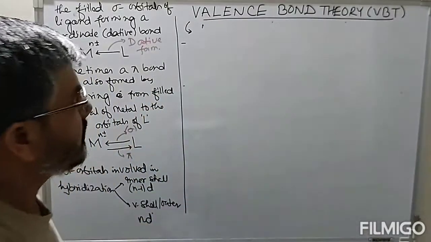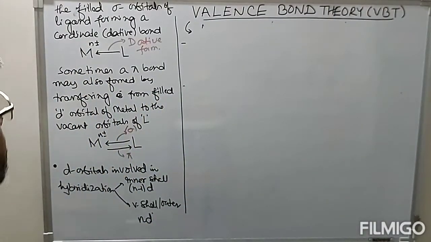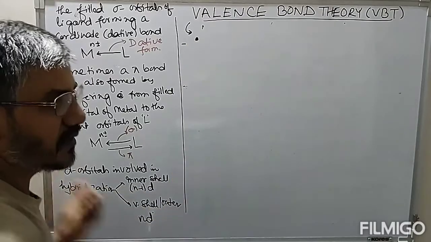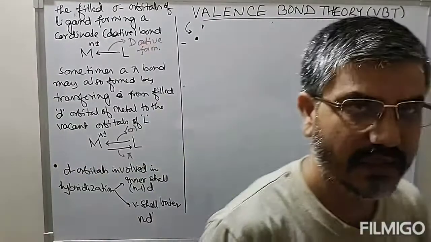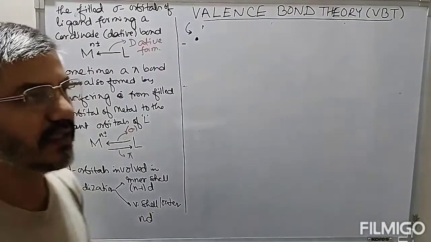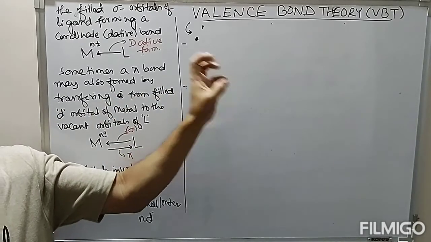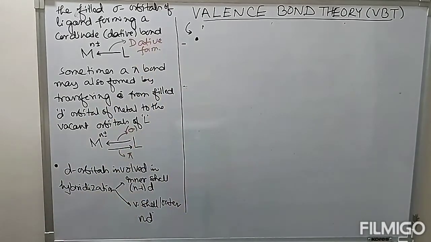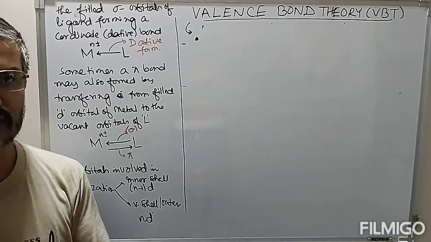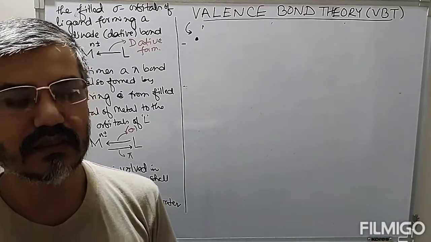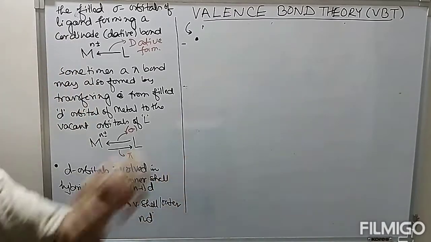Then the next postulate regarding this valence bond theory is, under the influence of ligand, the electrons in the d orbital of the central atom may forcefully pair up against Hund's rule.